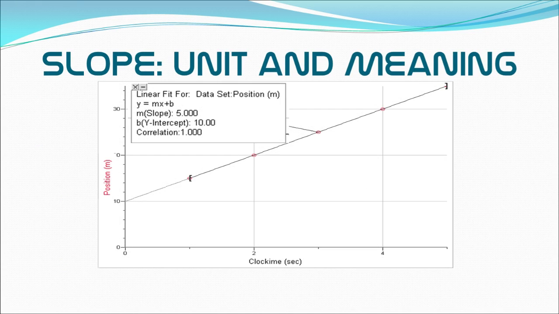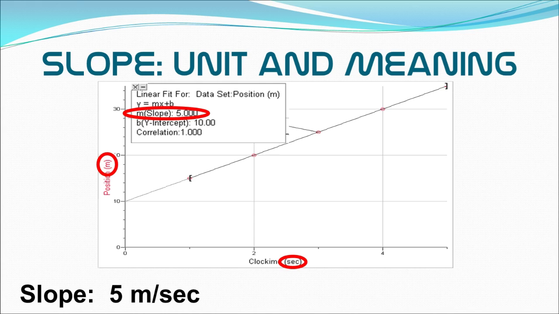In a graphing program, you may be given the magnitude of the slope, in this case 5. In order to determine the unit for the slope, I look at the unit for my dependent variable and the unit for my independent variable. My speed in this case, or my slope, is 5 meters, my dependent, per second, my independent.